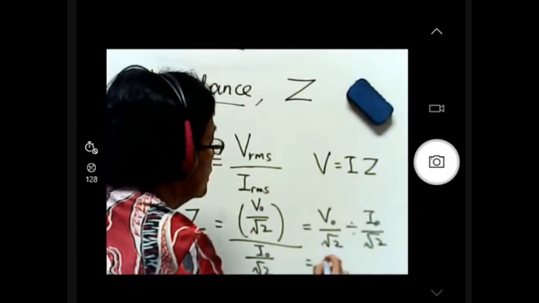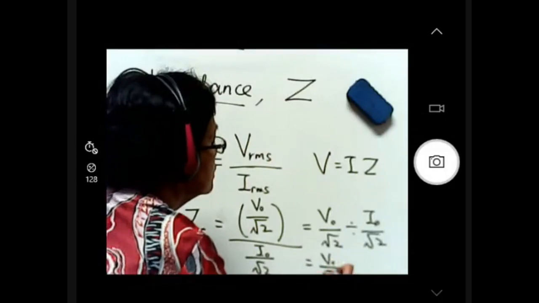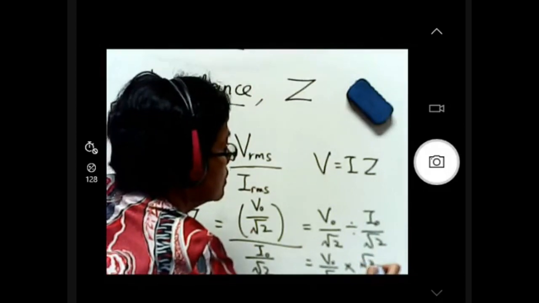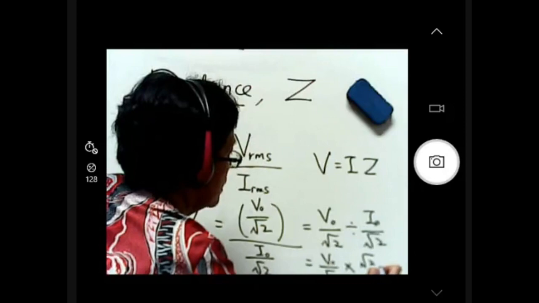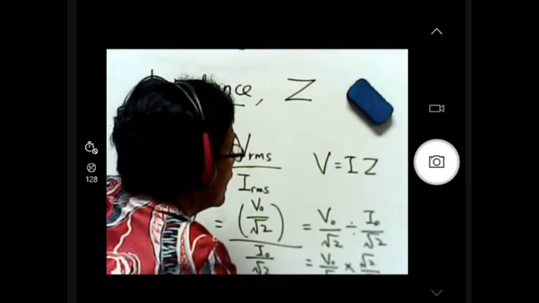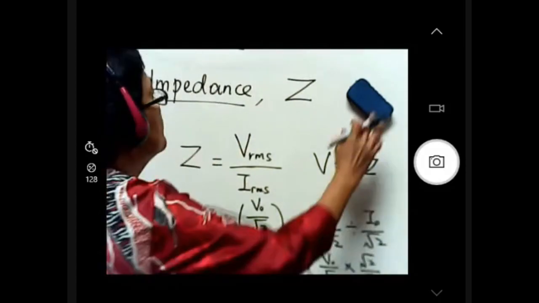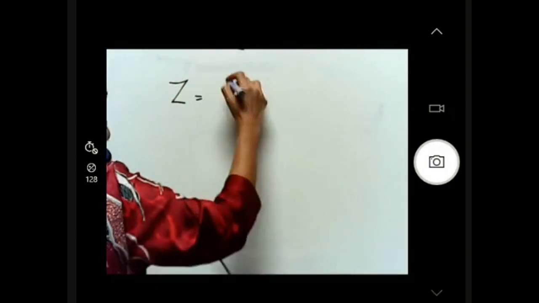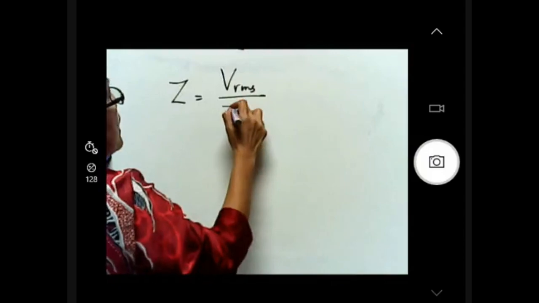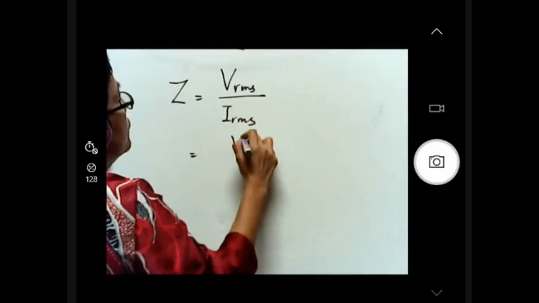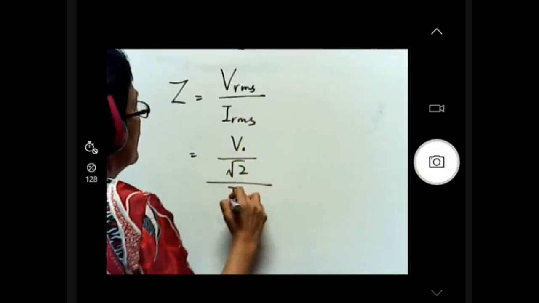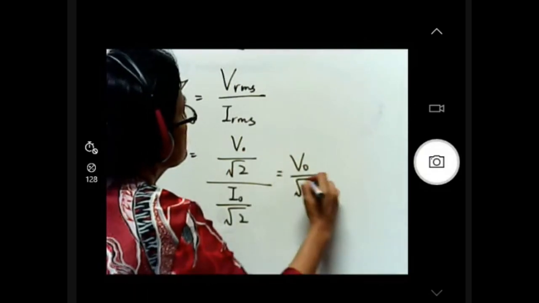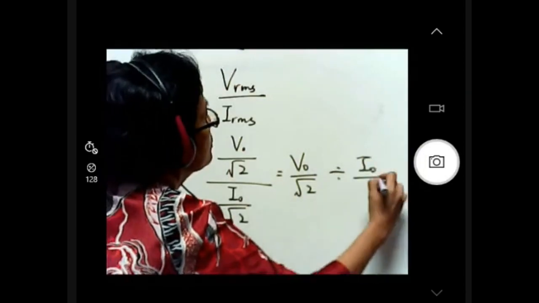So Z equals VRMS over IRMS, so equals V naught over root 2 divided by I naught over root 2.